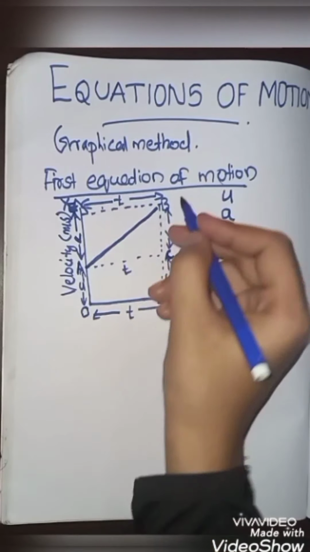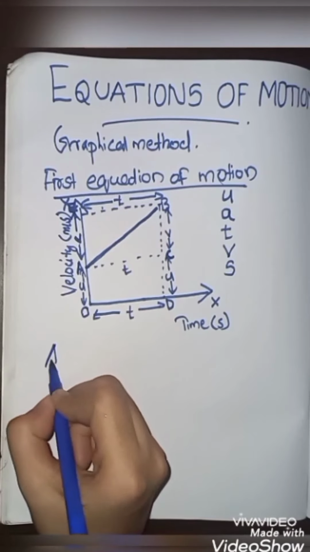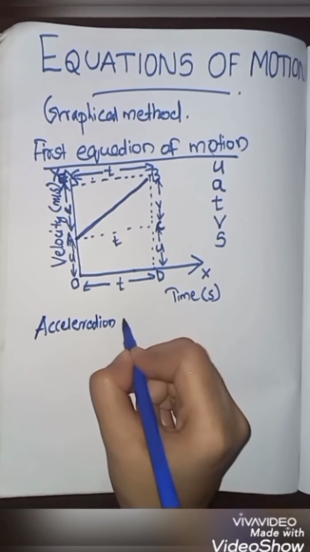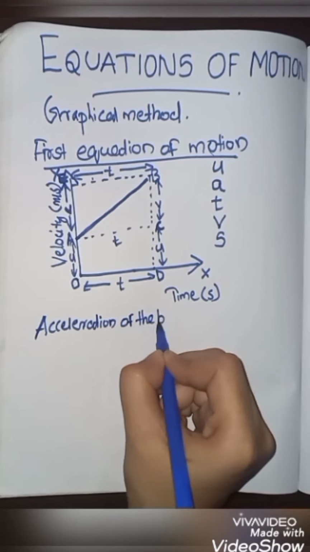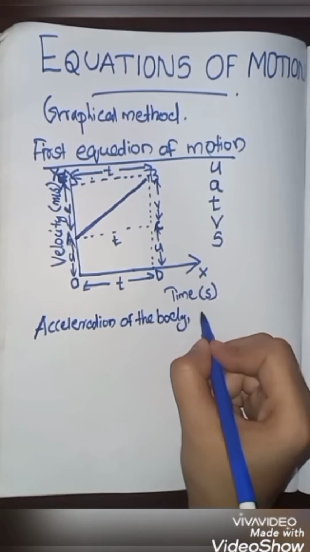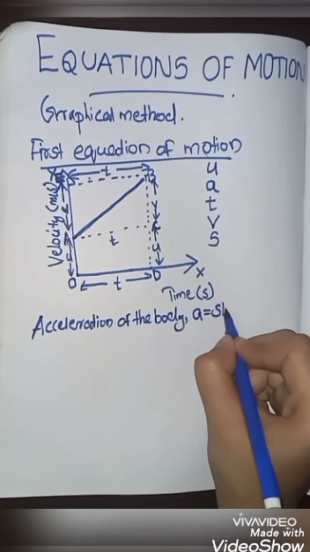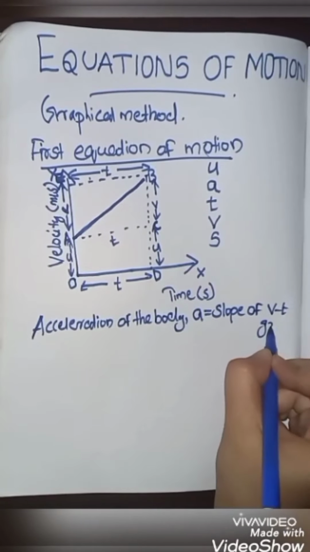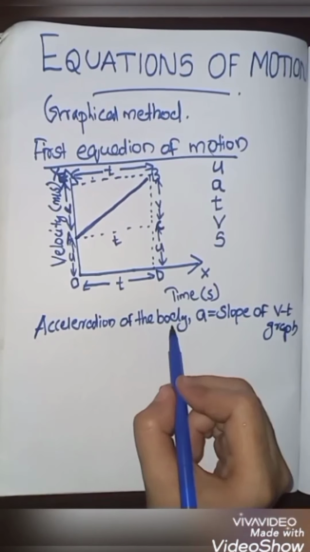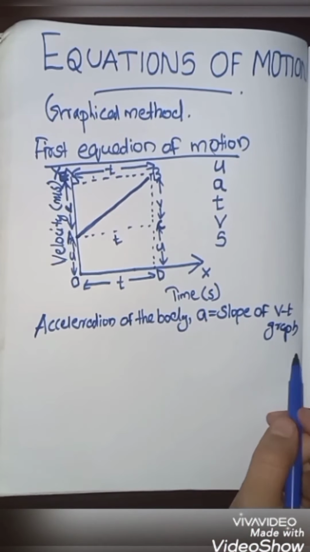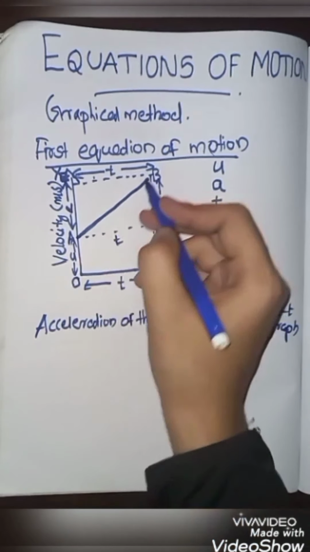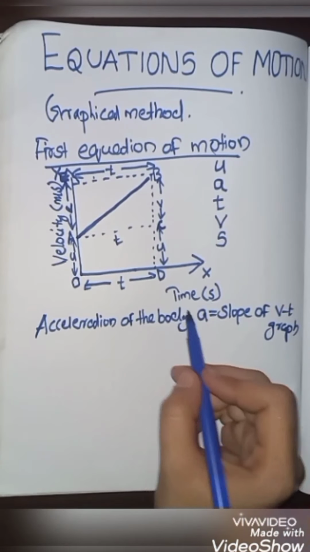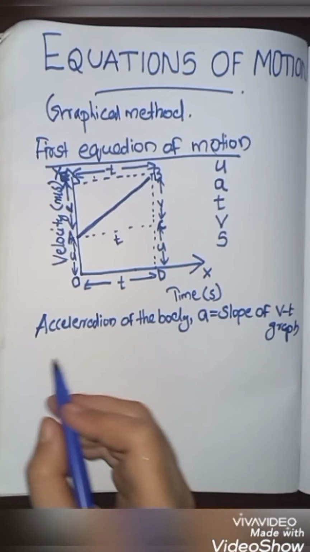So the acceleration of the body, denoted by the letter a, is equal to the slope of the VT graph. In order to find the acceleration of the body, we calculate the slope of the velocity time graph.